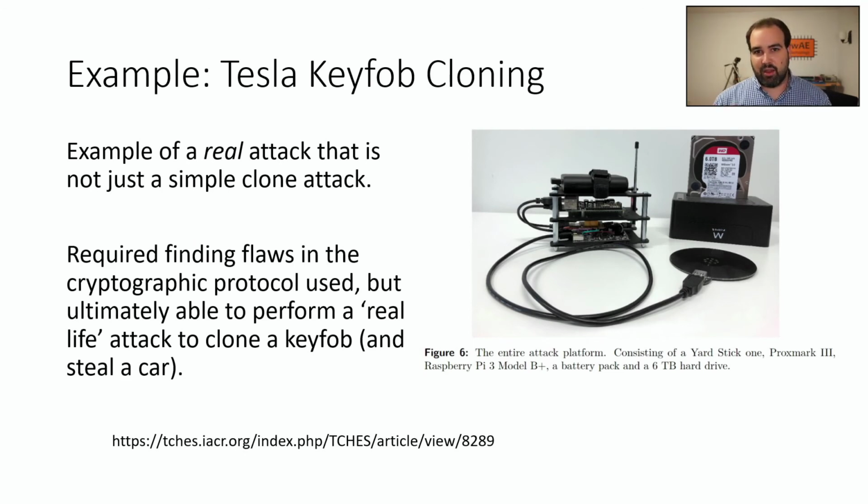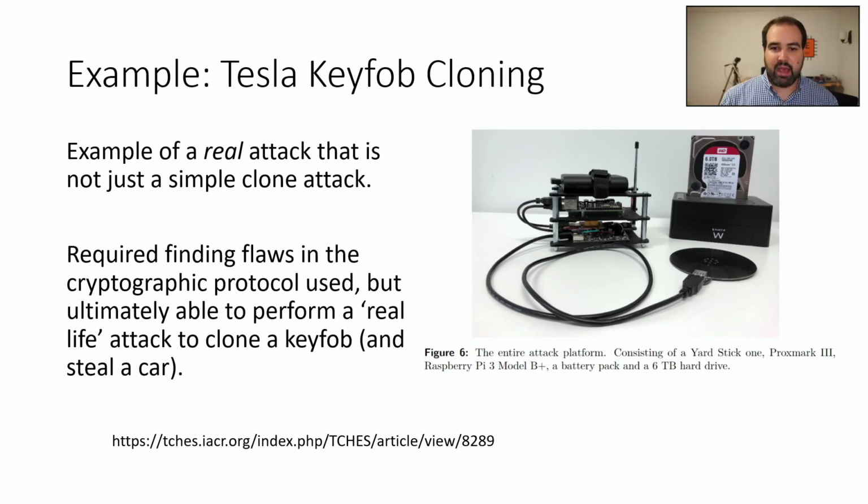So this is like a real attack. If you were to do this, and it's not just running the demo, what could it look like? This was some research where one of the Tesla key fobs was able to be cloned. It's not a basic clone of the serial number.